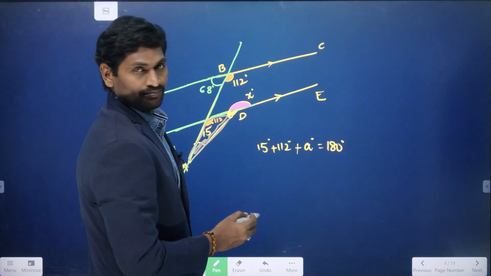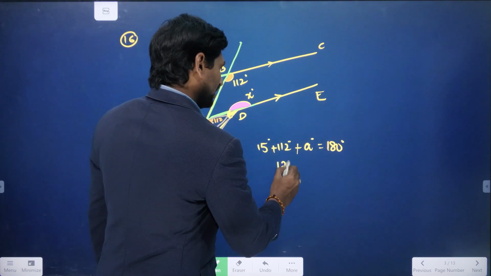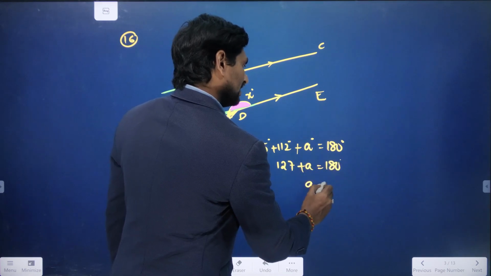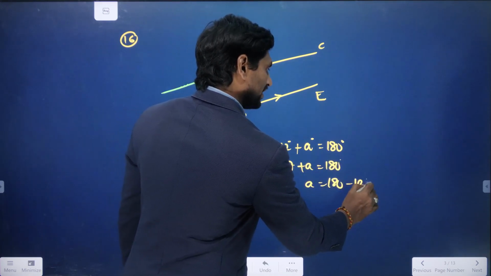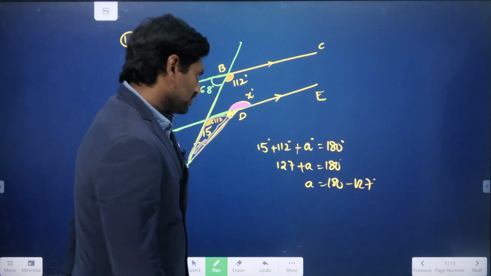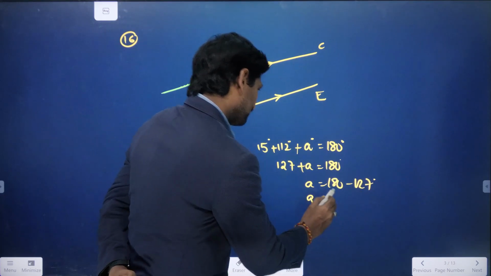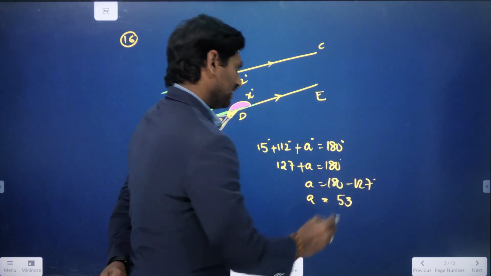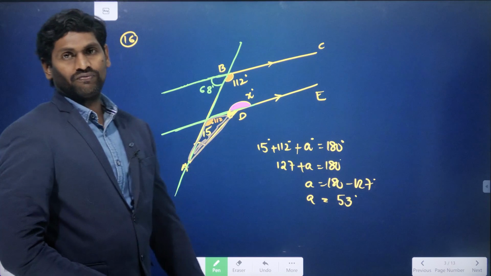Now add both of them: 127 plus A equals 180 degrees. Then A equals 180 minus 127. Try to subtract the values here. So 10 minus 7 is 3, and 7 means 53. So angle A equals 53.